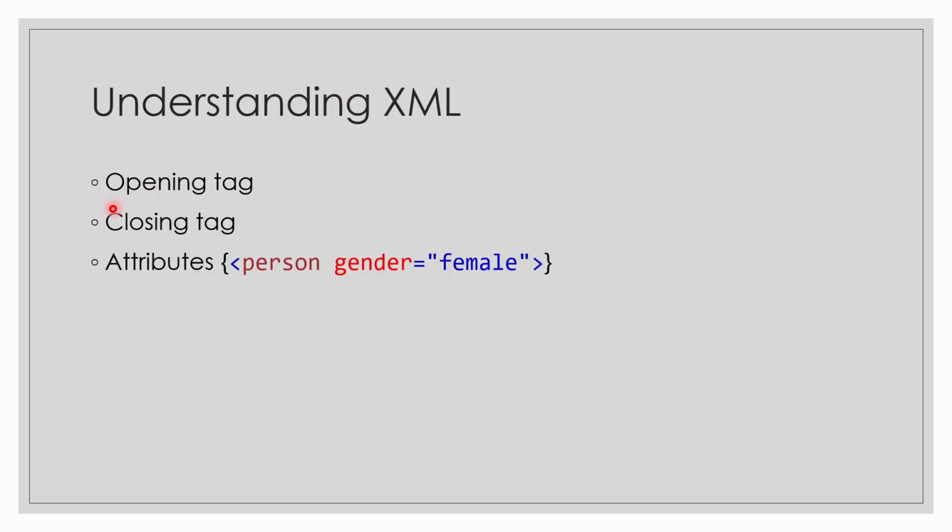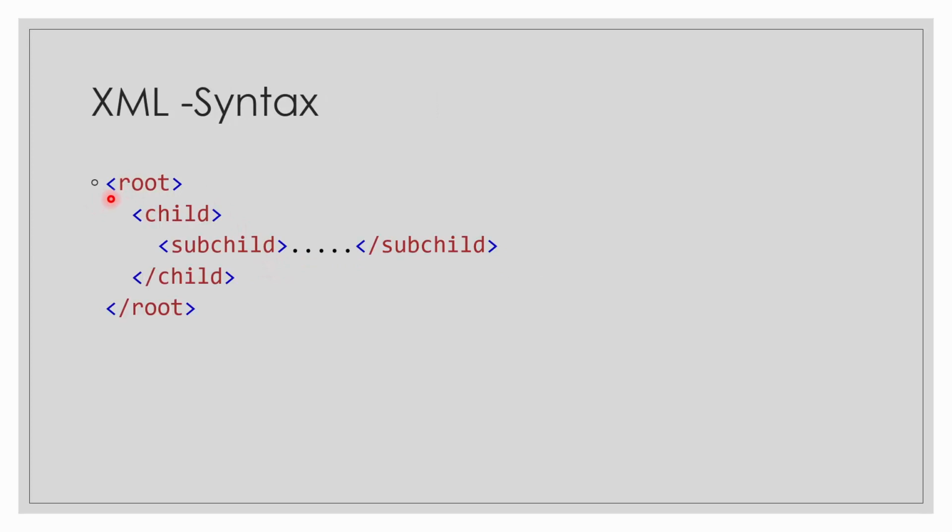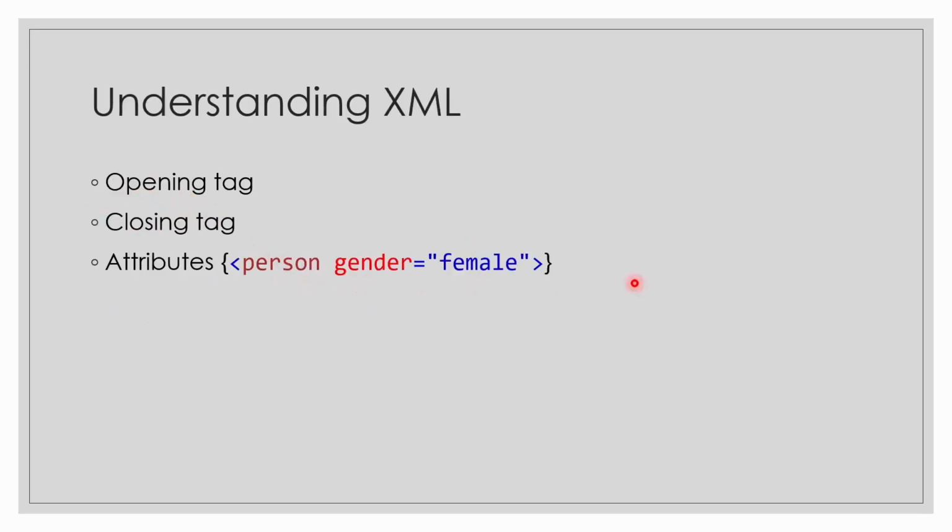So we have learned about opening tag and closing tag. Now what are attributes? Attributes are the definition of a tag. Like there is a person whose gender is female, we define the attributes in the opening tag itself, like here root, then gender equals female. So person, then gender equals female.